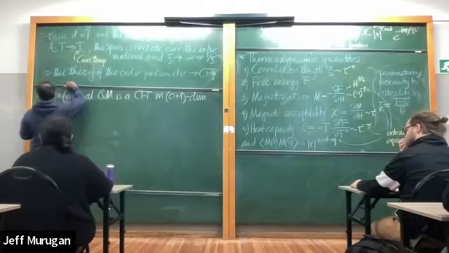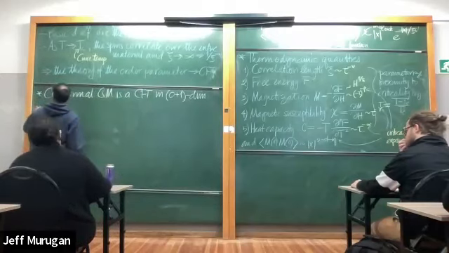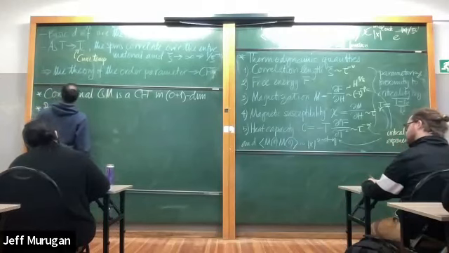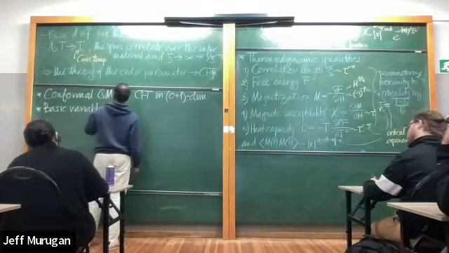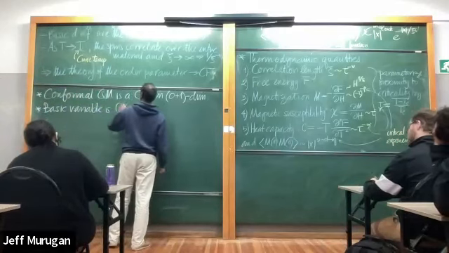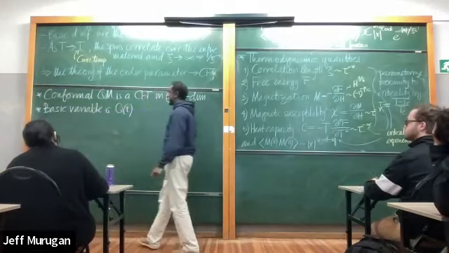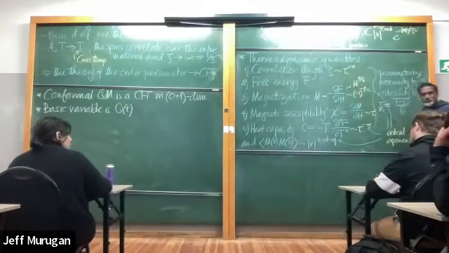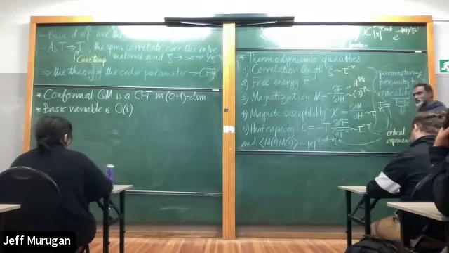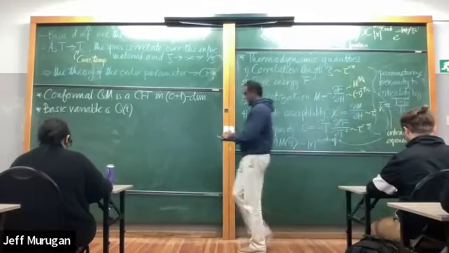So the basic variable in this problem is, I'm going to call Q, and Q is going to be a function of T. There's only 1 dimension, 1 independent dimension in the problem, and that's time.